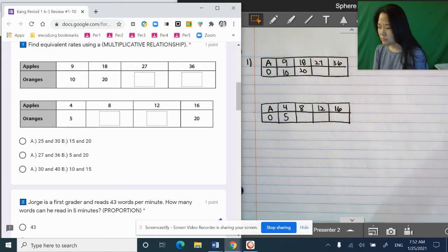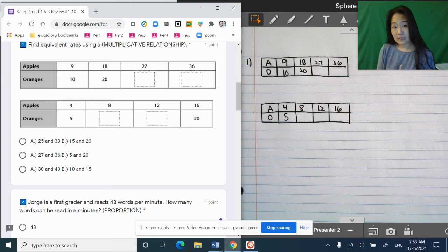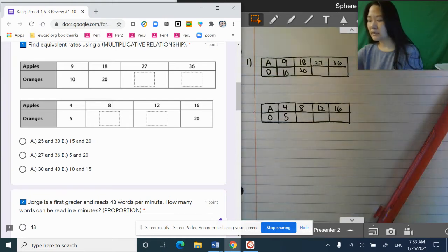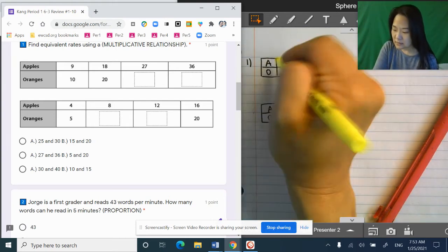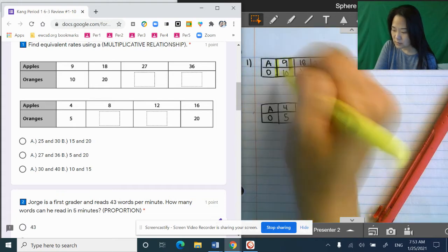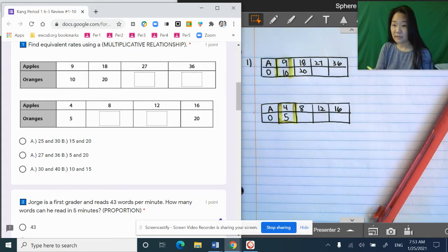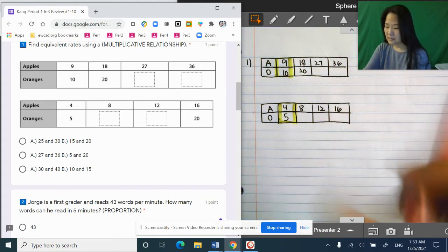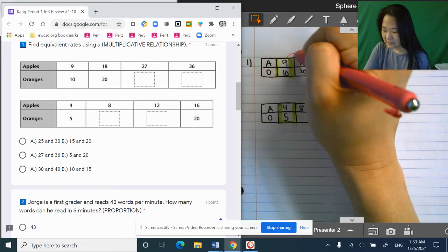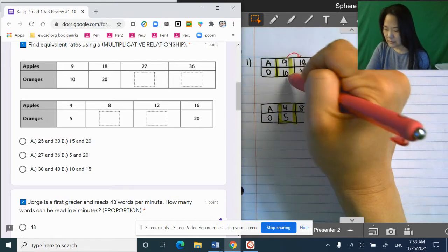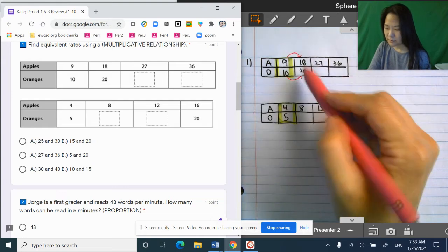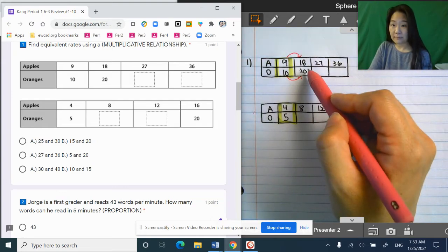So what I'm going to do is use the multiplicative relationship. So always go to your first initial original ratio when you're multiplying or dividing to find equivalent rates. So obviously this is 9 times 2 and 10 times 2. So this table is made by multiplying by 2.